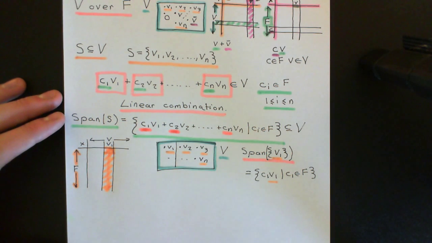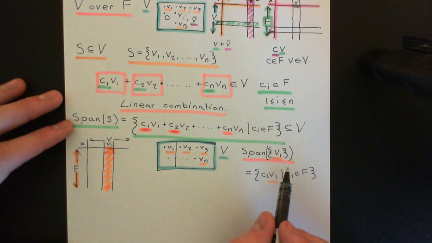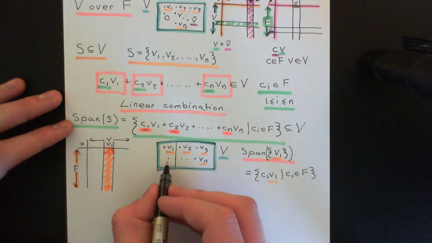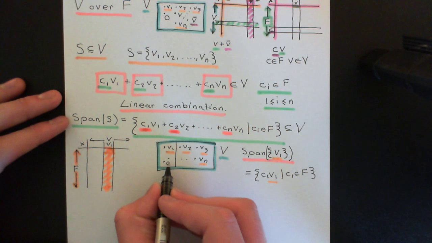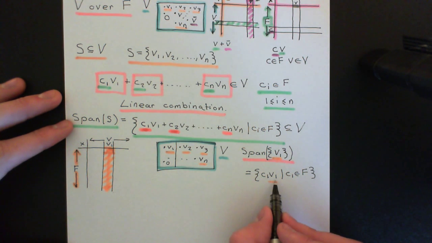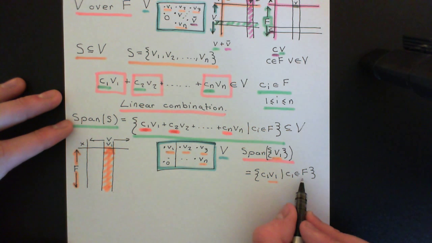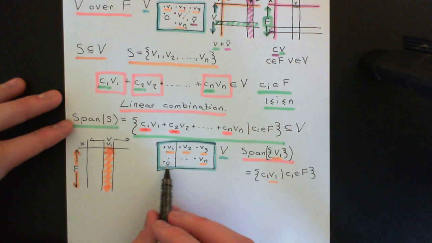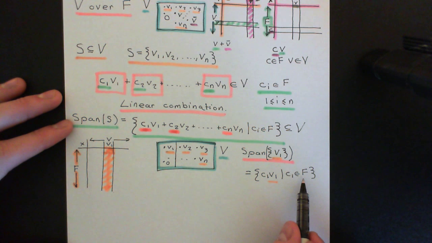Now there's one vector that we can absolutely always say will be in there, and that's the 0 vector. So the 0 vector will always end up being in here, because one of the linear combinations that you'll end up with is where C1 is equal to the 0 element of the field, the additive identity in the field. So understand there's two zeros here, the 0 vector in our vector space and 0 in our field, the 0 scalar.